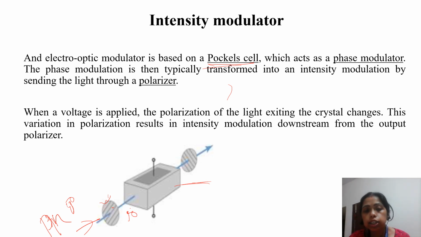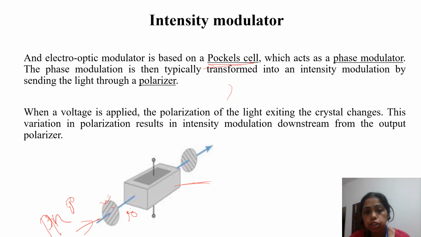After that, this 90-degree polarized light passes through the Pockels cell, where you are applying a voltage, right? So the orientation of this 90-degree polarized light will be changed. The polarization of the light will change due to the change in the refractive index.